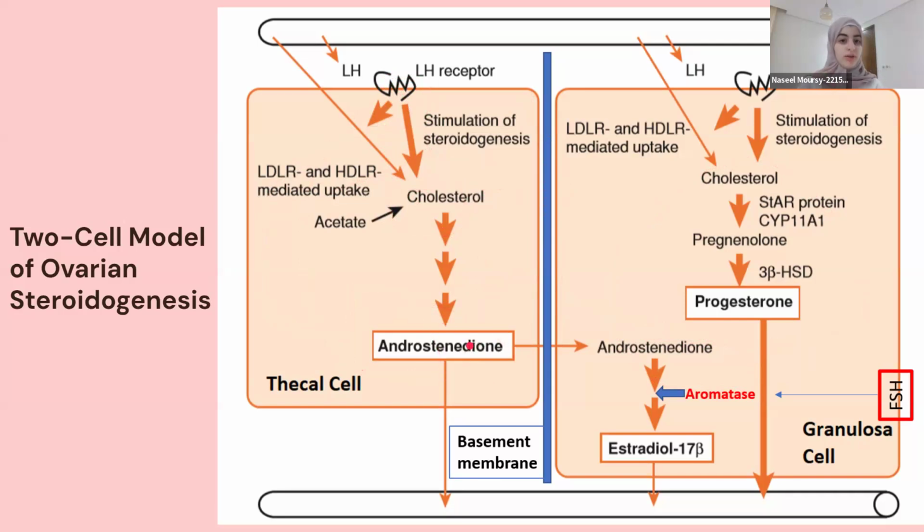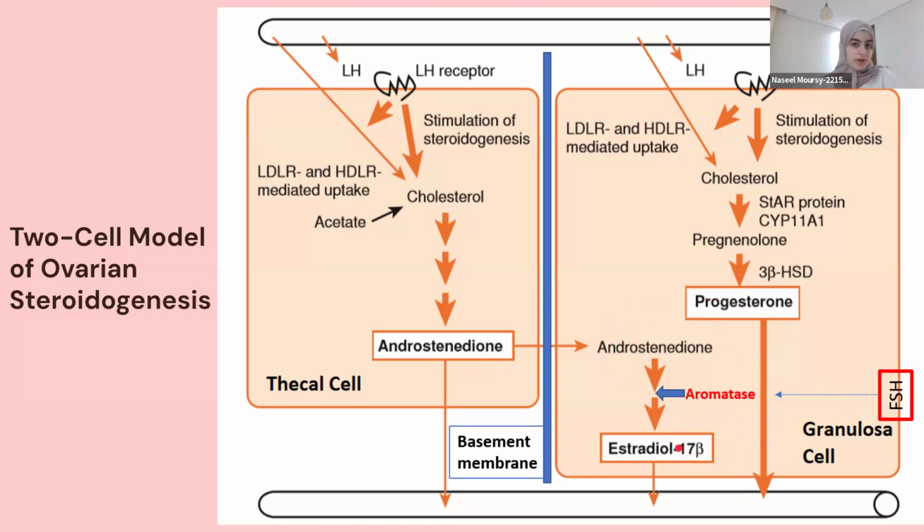This is the only thing that happens in the thecal cell, so it's simple so far. Then androstenedione goes across the basement membrane into the granulosa cell, and it is converted to estradiol by aromatase. Now see, FSH stimulates aromatase, and so you get a lot of estrogen.